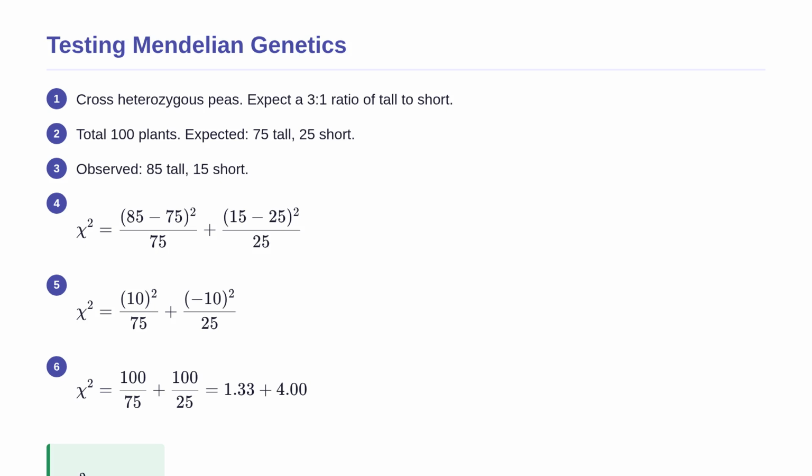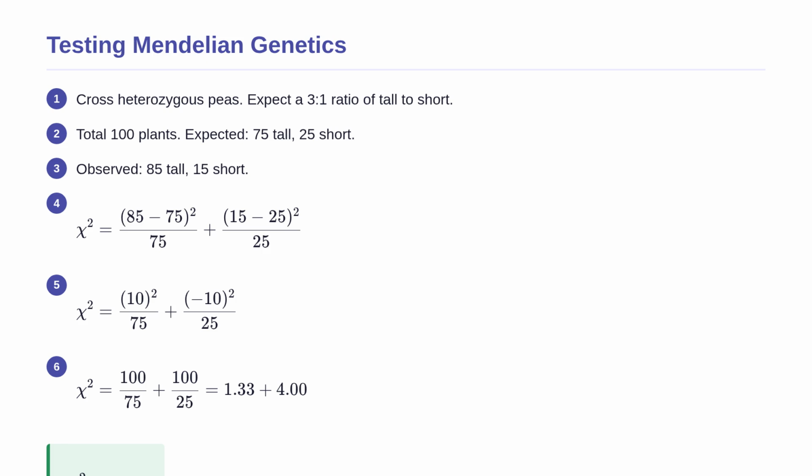Let us see this formula in action with a classic genetics problem. Suppose we cross 2 heterozygous pea plants. Gregor Mendel's laws tell us to expect a 3-to-1 ratio of tall plants to short plants. We grow 100 plants, so we expect 75 tall and 25 short. However, we actually observe 85 tall and 15 short.